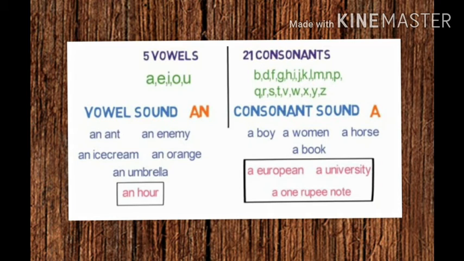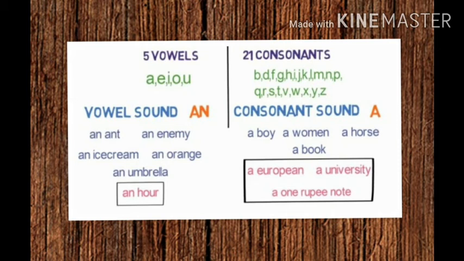On the other hand, when we are using a before a consonant sound, for example, a boy, a woman, a horse, a book. Now, a European, because E is silent over here and the sound that we get is U, right? A university, a 1 rupee note. So that is why we are using it like this.